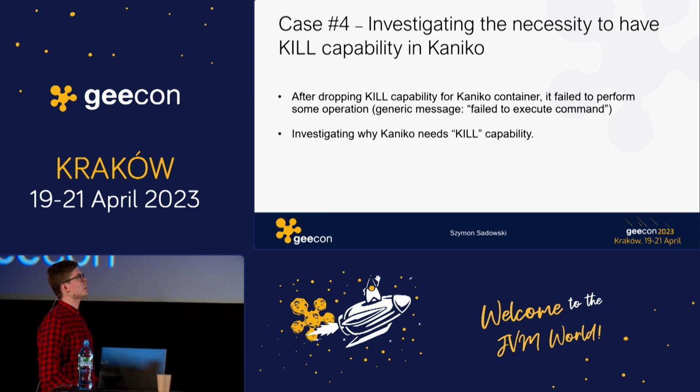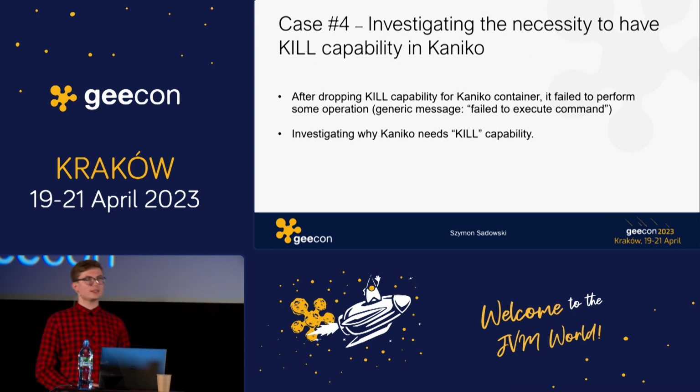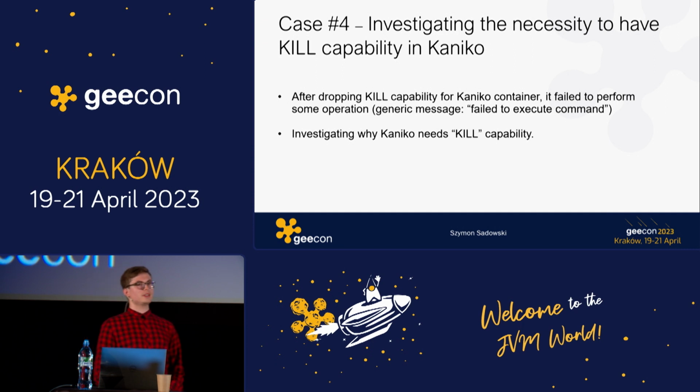So at one point, we were trying to add some security context in a Kaniko container. Kaniko, if you don't know, is a tool for building Docker images from Dockerfiles in a Kubernetes cluster.